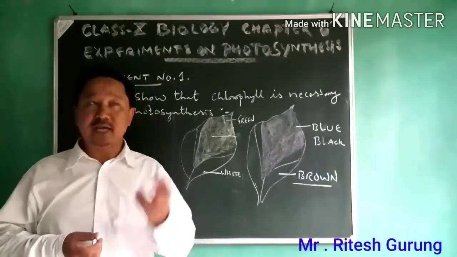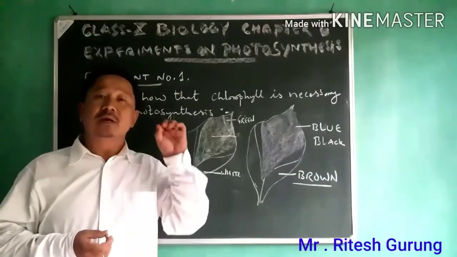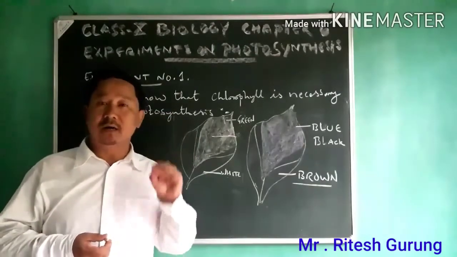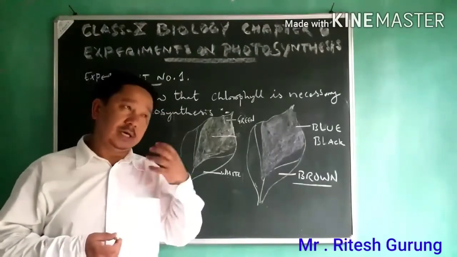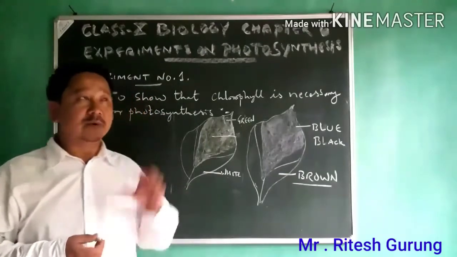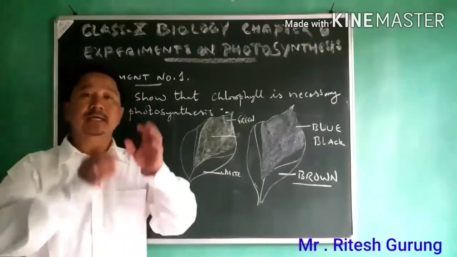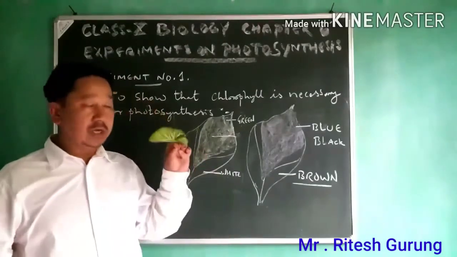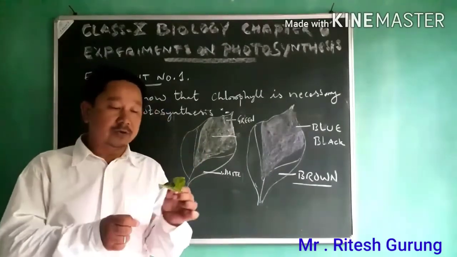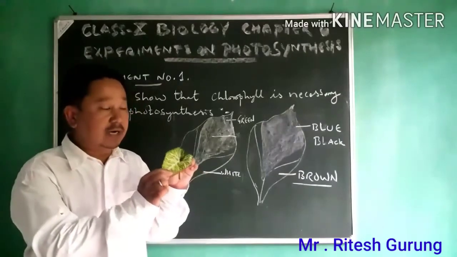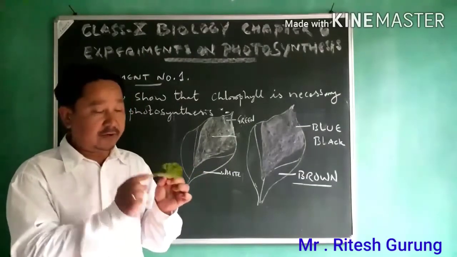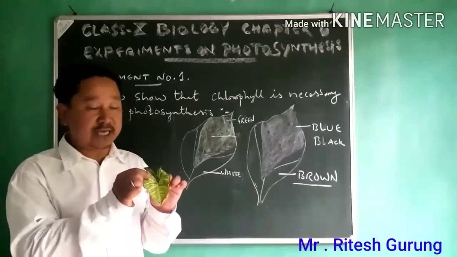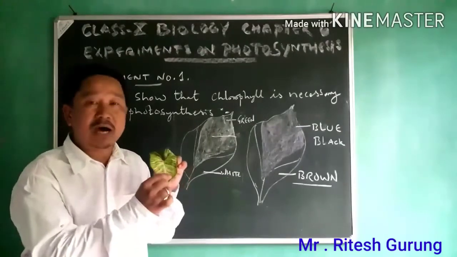Alright, so to prove that, you need to consider a variegated plant. What is a variegated plant? A plant containing multicolored leaves. Usually the leaves are green in color, but there are some plants where the leaves are multicolored, like this you see here. Here is a leaf where you can see the multicolored leaf, where not only a green portion is there, but there are white portions also.